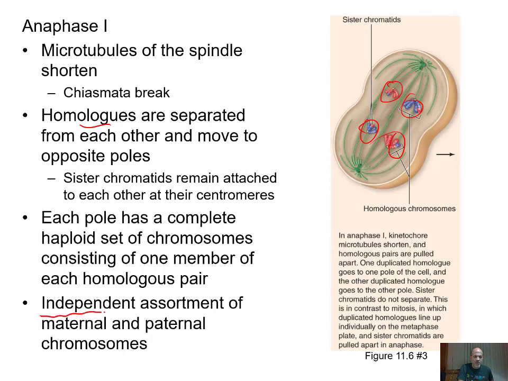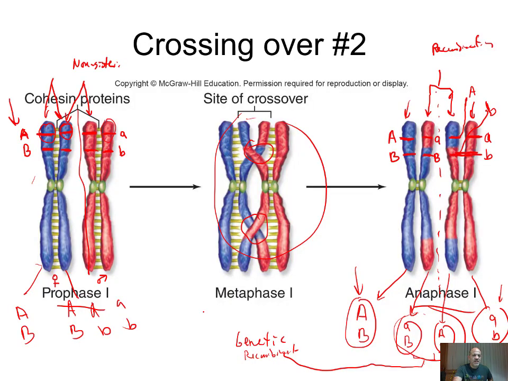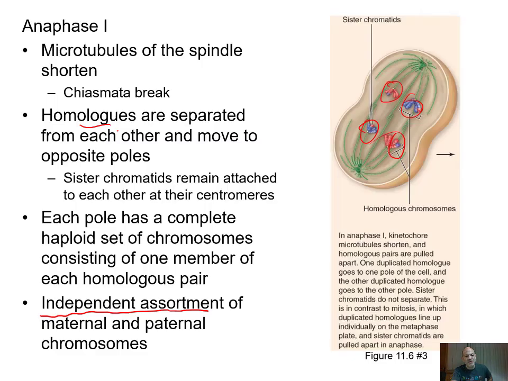And this is going to be important. You're going to want to remember this when we go back and start talking about genetics in the next chapter. We're going to come back to when those chromosomes line up independent of each other. The main big idea here is these alleles are also lining up independent of each other. And that's going to be an important idea when we talk about sexual reproduction and look at genetics and how inheritance patterns come about. Okay.